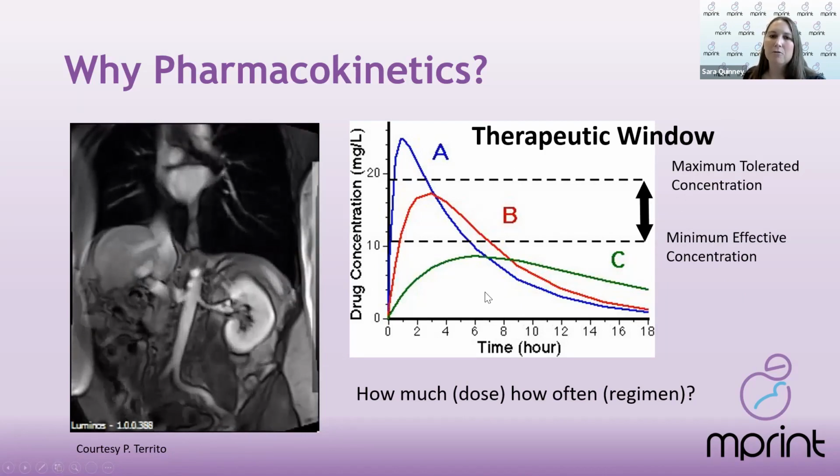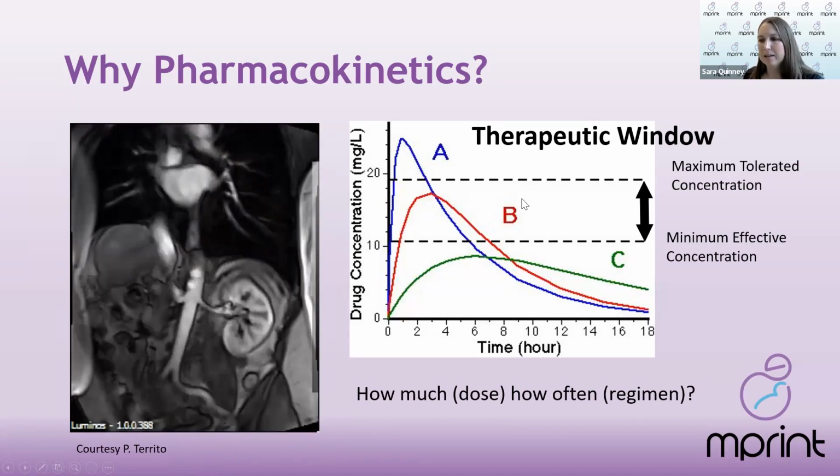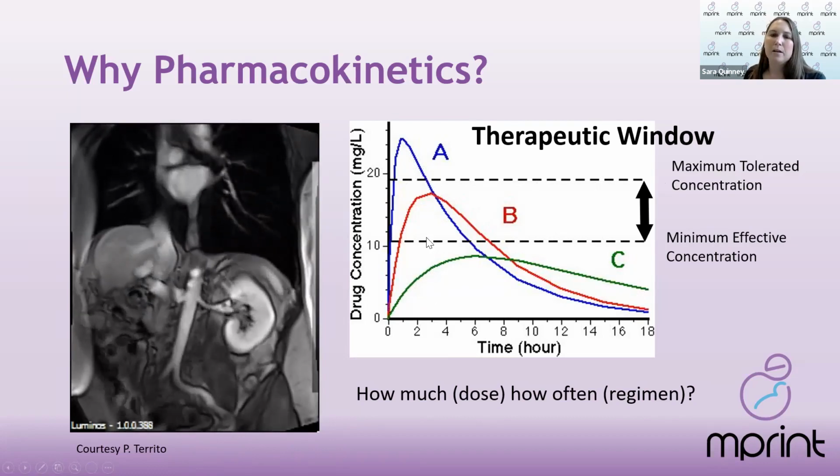The curves on the right show 3 pharmacokinetic curves demonstrating scenarios where, in the blue curve A, you see a very high peak concentration that gets above this therapeutic window, the maximum tolerated concentration, and may lead to extra adverse events. In case C, there's a more extended release of drug, and we see much lower concentrations so that we're not able to obtain a minimum effective concentration.